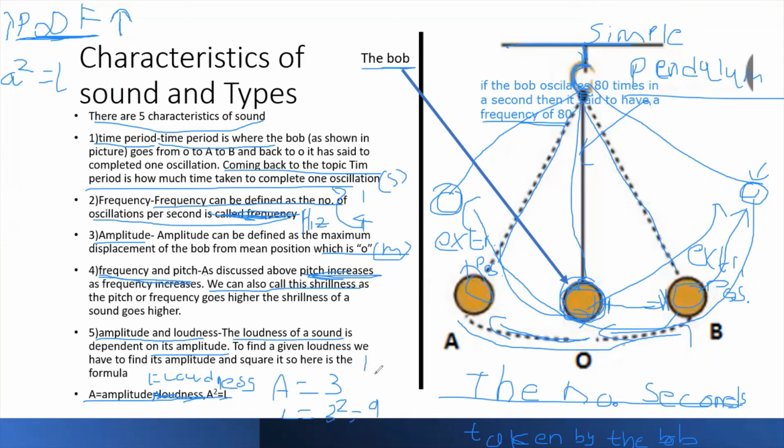And the loudness, L, is measured in decibels. So if the amplitude gives a loudness of 9, then the loudness would be 9 dB, or decibels. Okay, those are the characteristics of sound.